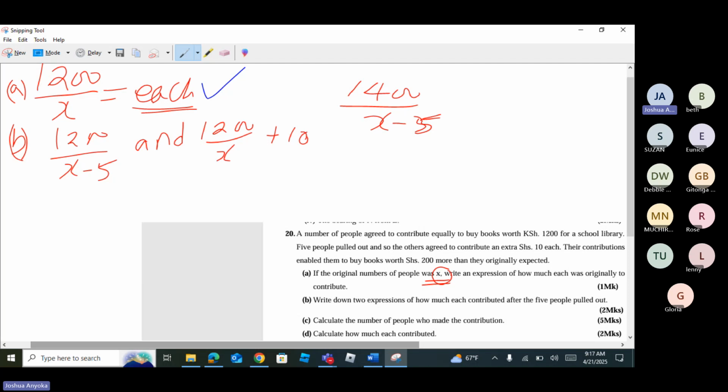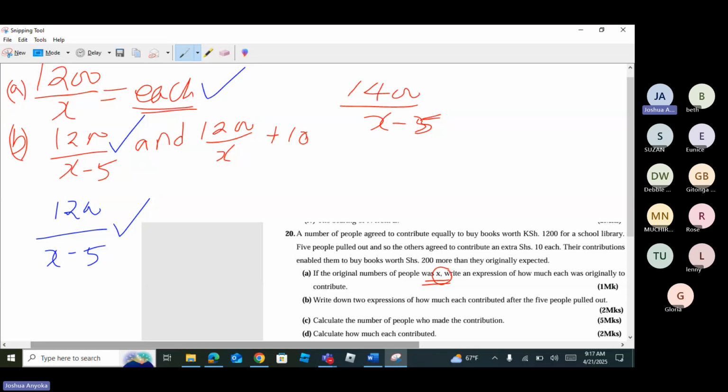But now, 5 people decided to get out of the deal. So how many members are remaining is x minus 5. So our first expression should be 1,200 over x minus 5, because this is the number of people who are remaining. So we agree with the first expression.